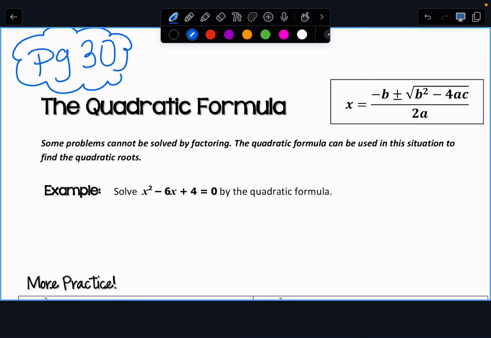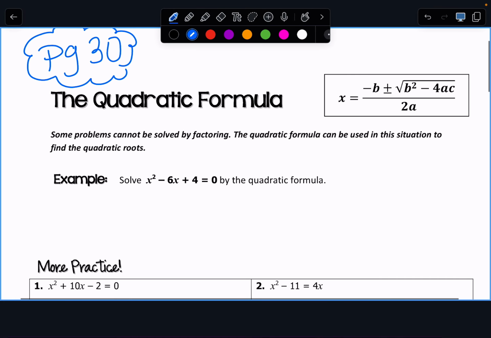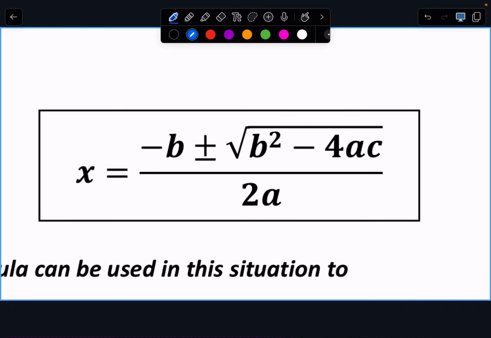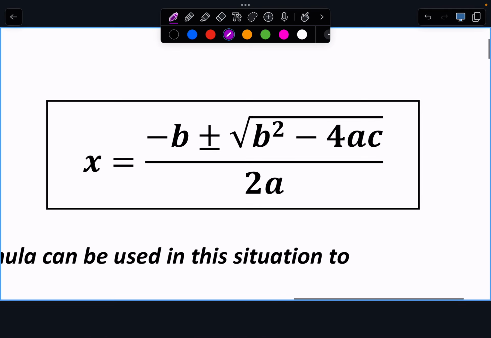So when I ask you to solve with the quadratic formula, we're still solving for the same thing. When our quadratic is set equal to 0 and we're solving for x, we're finding x-intercepts, roots, solutions, zeros. So this right here is what we call the quadratic formula.